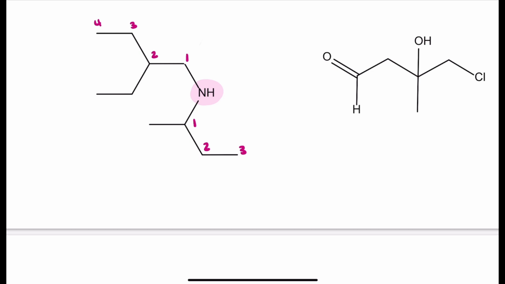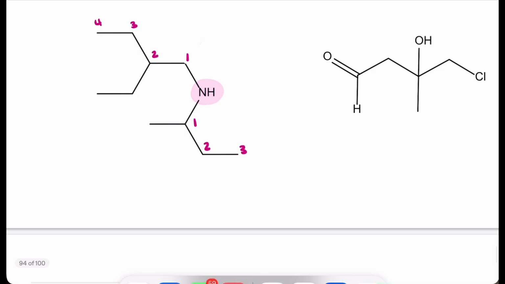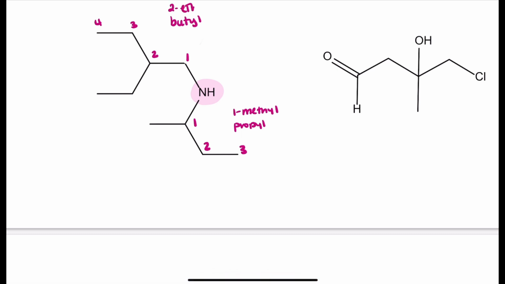So looking at this, this is a propyl group, and it has a methyl on the first carbon. This is a butyl group, and it has an ethyl at the second carbon.